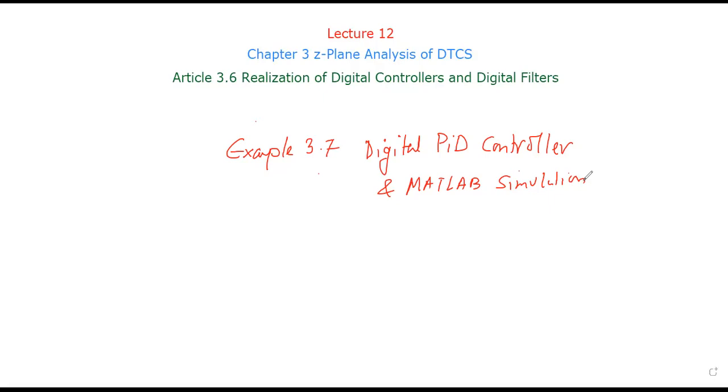And the last part of that article is obtaining the response between the consecutive sampling instants. So we know what is happening in the current sample and in the next sample and in the next sample, but we don't know what is happening in between. So how will they be connected?